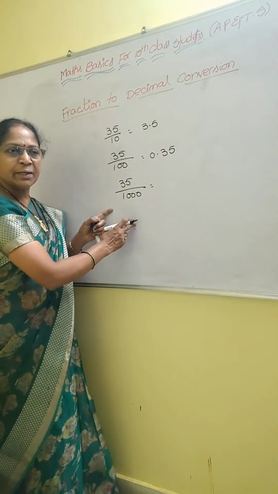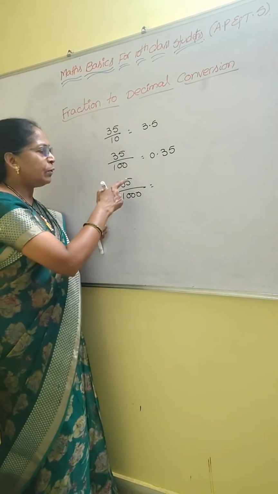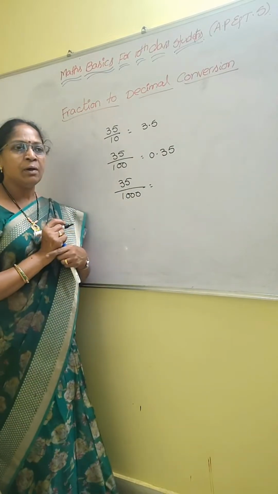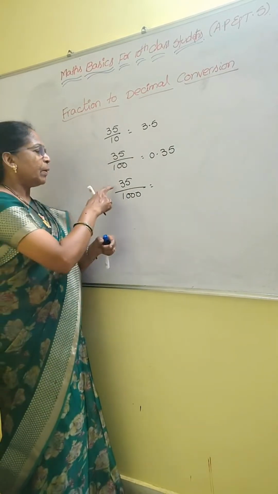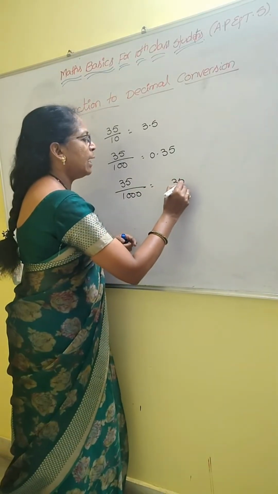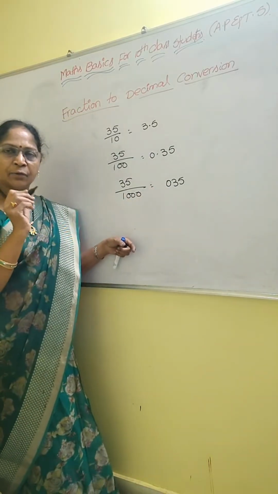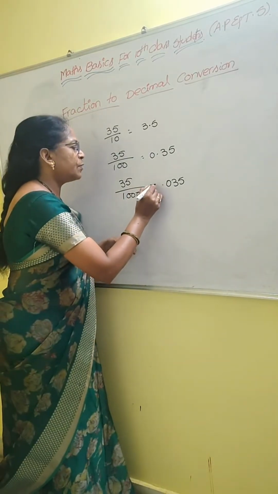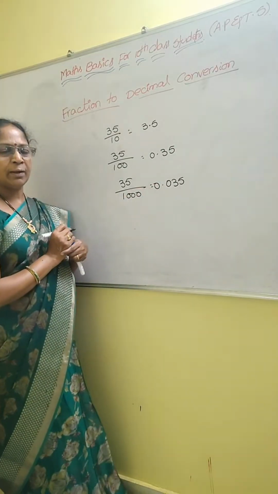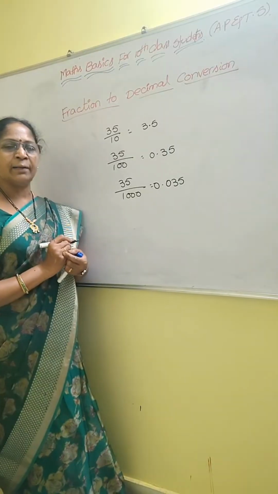So 35 divided by 1000, here 3 zeros are there, so count 3 digits and put the decimal point. But here only 2 digits are given. Those two you write first, and for the one more digit you put a 0, and after that keep 0 and the point. That means 0.035 is the value.